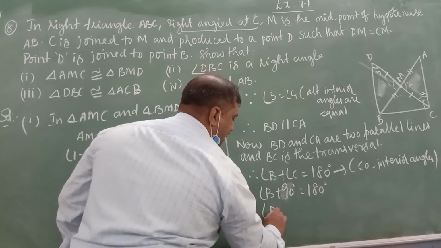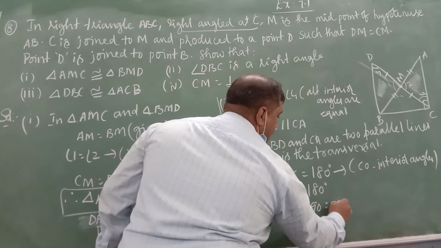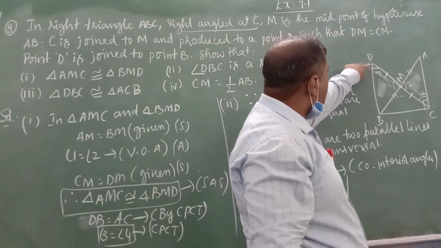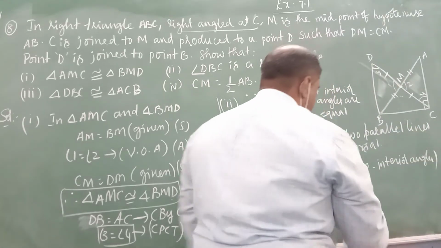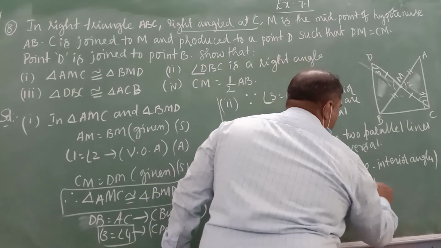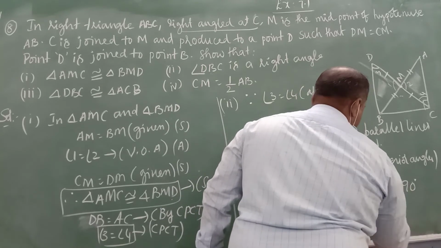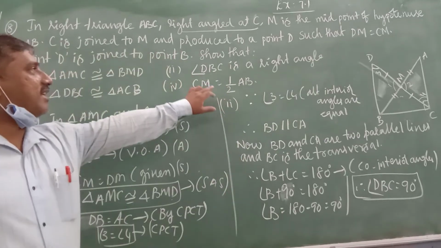Now angle B is equal to 180 minus 90, that is 90 degrees. What is angle B here? B is nothing but DBC. Therefore, angle DBC is equal to 90 degrees, a right angle. The second proof is over.